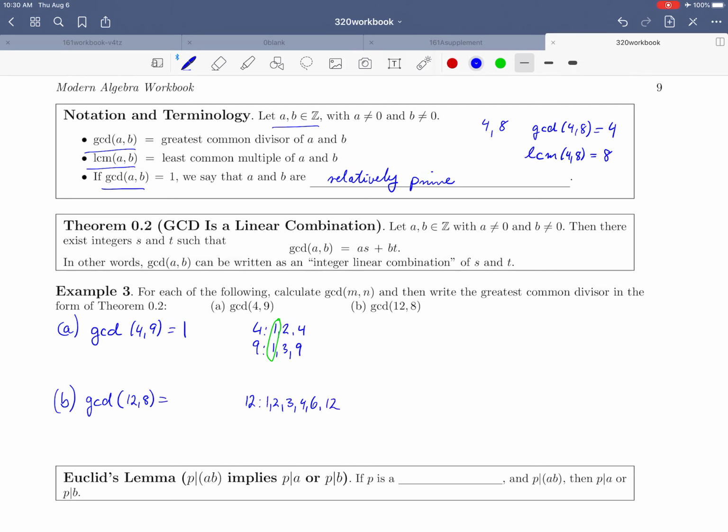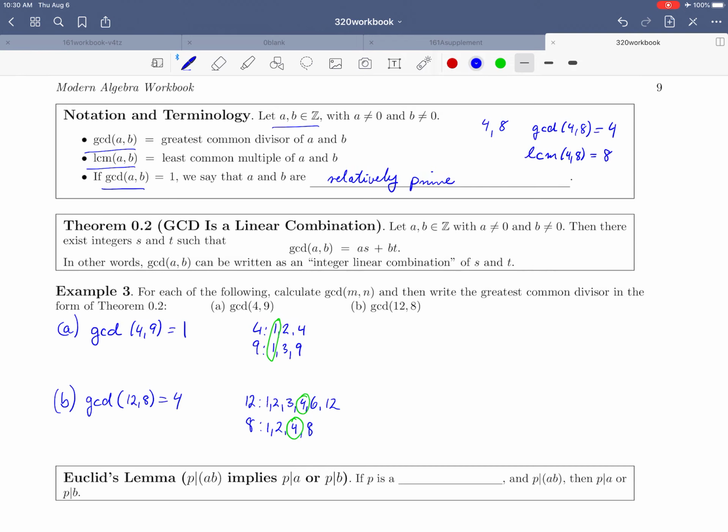Those are all the divisors of 12. And for 8, we have 1, 2, 4, 8. And there, both of them have 4 in common. That is the greatest common divisor. So the greatest common divisor of 12 and 8 is 4.